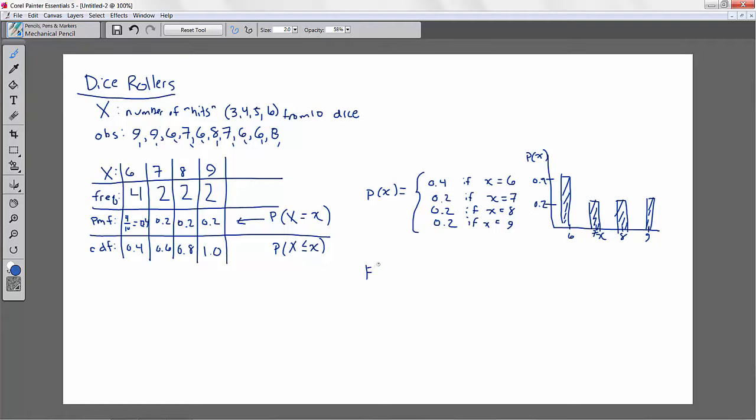So the cumulative distribution function we can also express as a conditional equation.